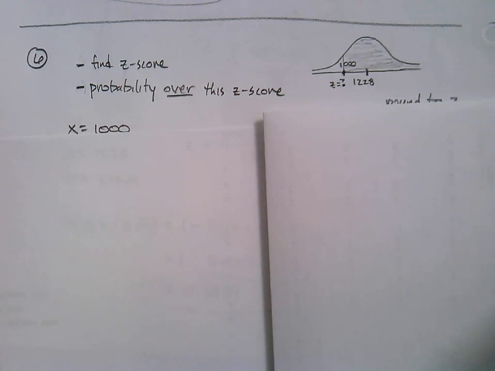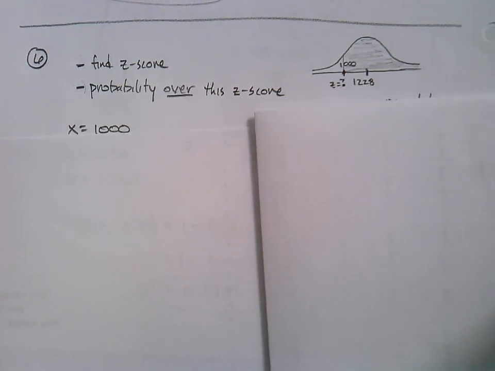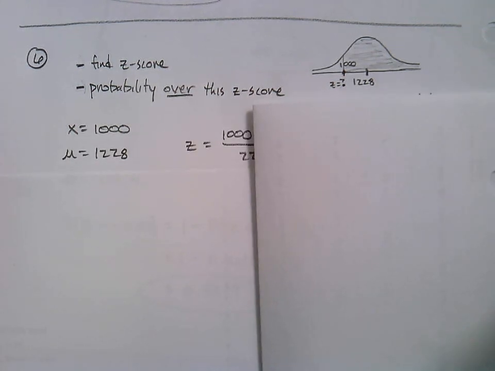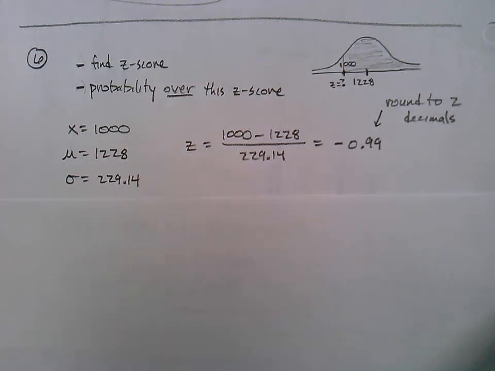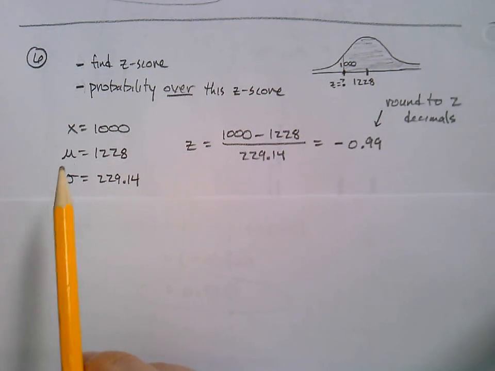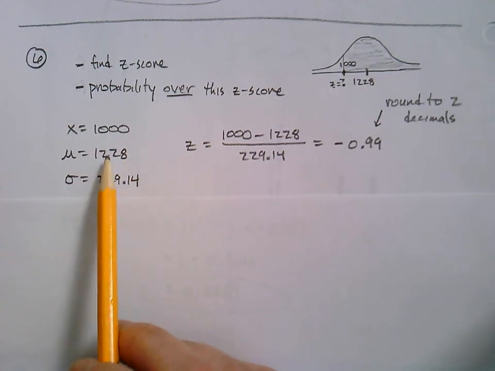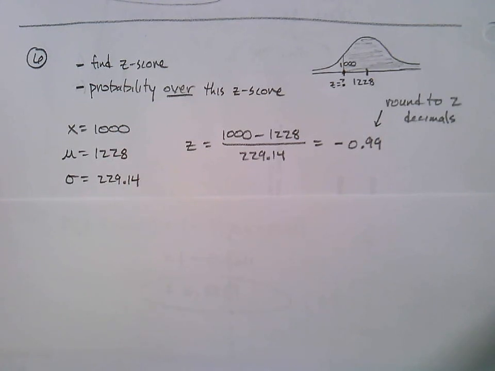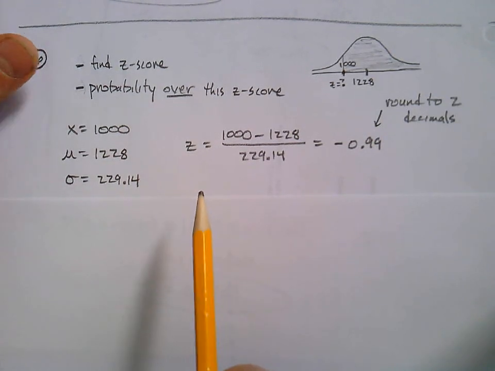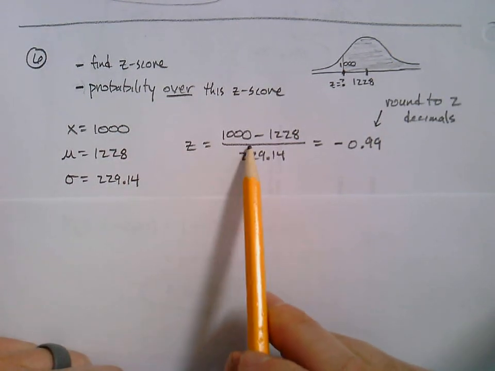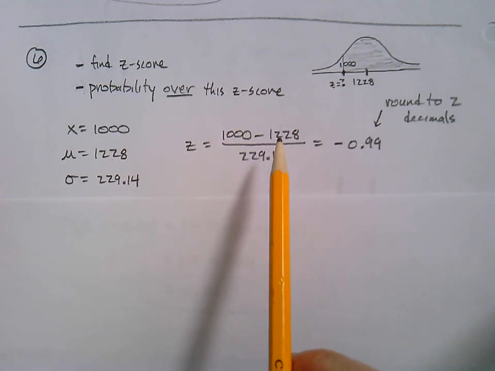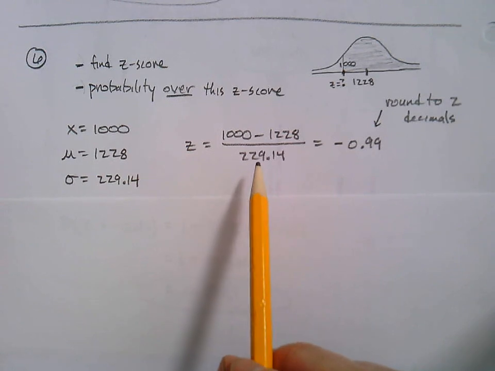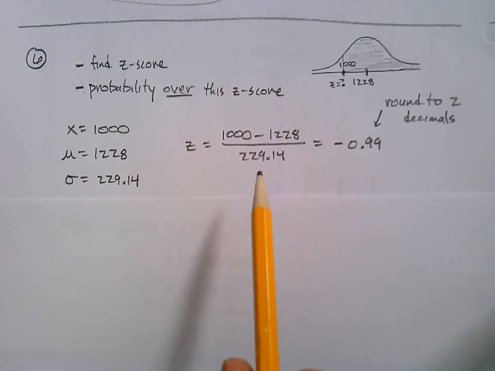So let's see what happens next. If you read through the problem, our x is 1,000. I'm just going to show you all this. It's too much, I think you get it by now. We've done enough of these. The number in question is 1,000. Our average, they tell us the standard deviation. Let's compute the z-score. 1,000 minus 1,228, all divided by 229.